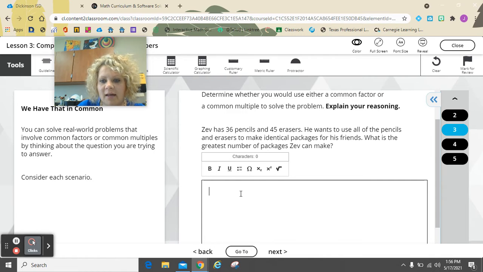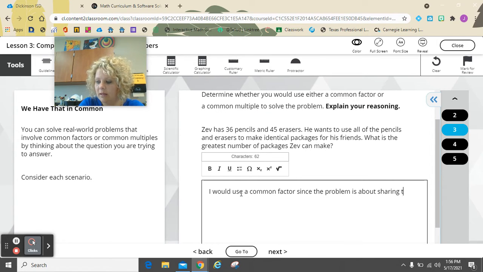So if we're dividing up quantities, then we would be using the common factor or the greatest common factor. So here I would use a common factor since the problem is about sharing the quantities of each item in the same number of packages.